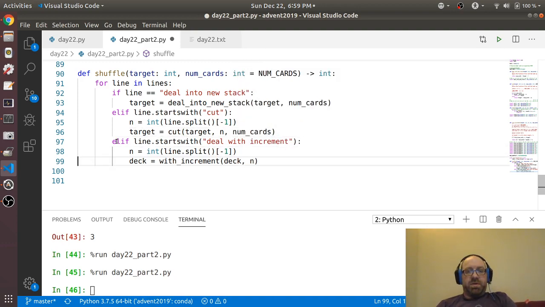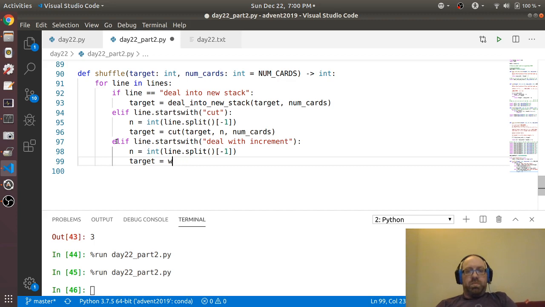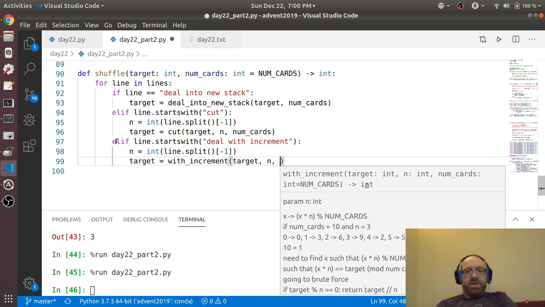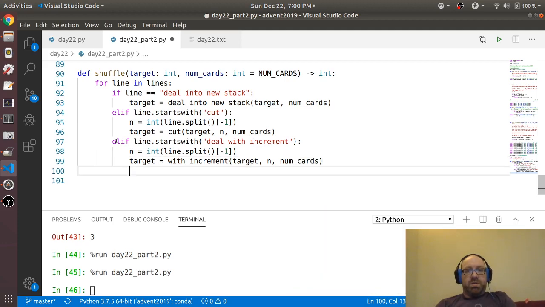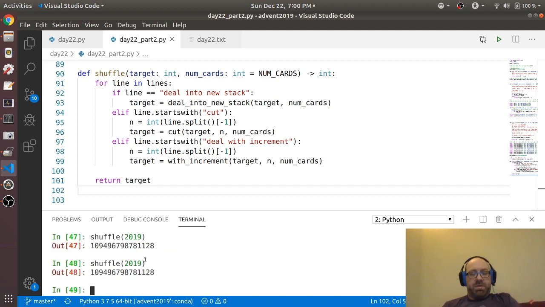Otherwise, it starts with this, target equals with increment target and num cards, and then return target. So let's run this. Shuffle 2019, shuffle 2000, and then shuffle the results.